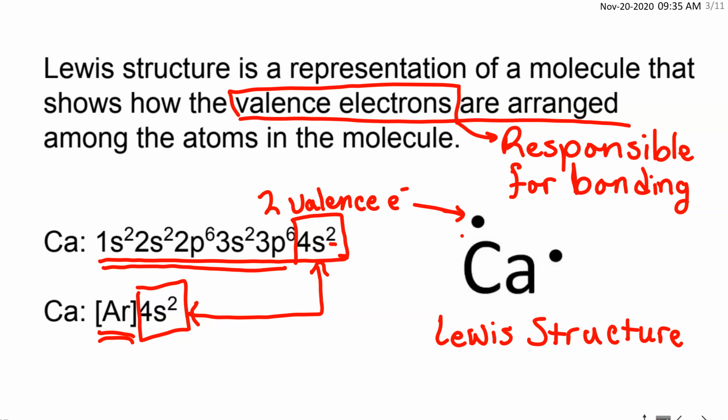I want you to imagine that there's a box around calcium, and this will make more sense later on. Basically, according to our electron configuration rules, we put the dots by themselves before we start to pair them up. And I want to reiterate, we only show the valence electrons when it comes to Lewis structures.